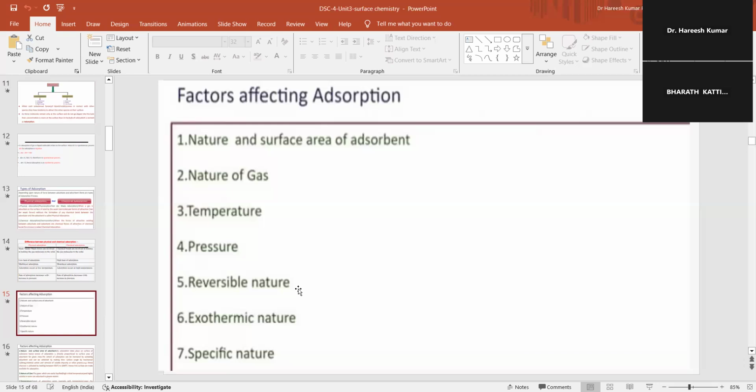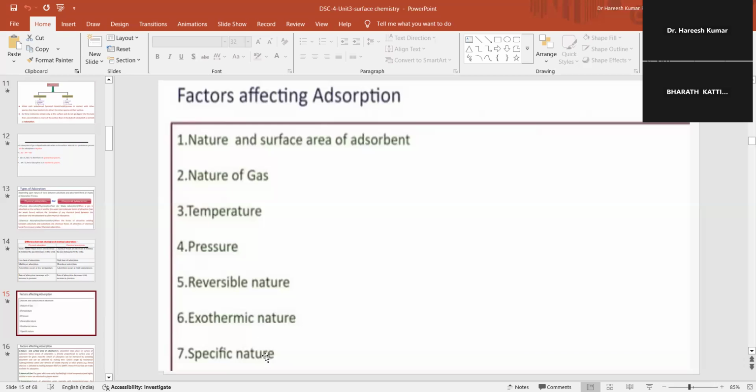This adsorption decrease is nothing but desorption. So in the reversible nature, desorption and adsorption are in equilibrium with respect to the pressure. Then exothermic nature. Adsorption is an exothermic reaction. Here heat is liberated. That heat we call the heat of adsorption.